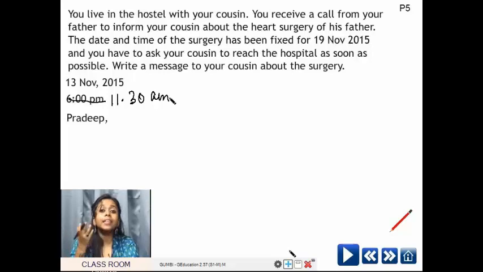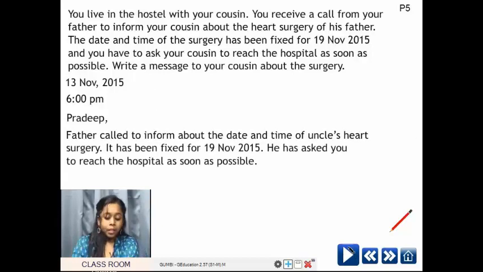Yes, the main thing, the message, the content of the message. Yes, the main content or the body of the message. Yes, the main thing. Now we will have to tell Pradeep what happened actually. Why am I writing a message to my cousin? I will tell that in my message. What's the message? You can write the main thing.